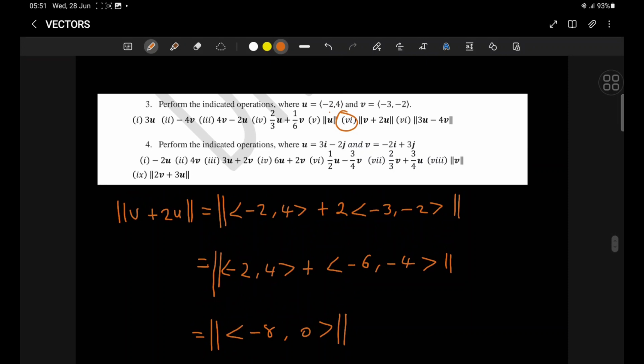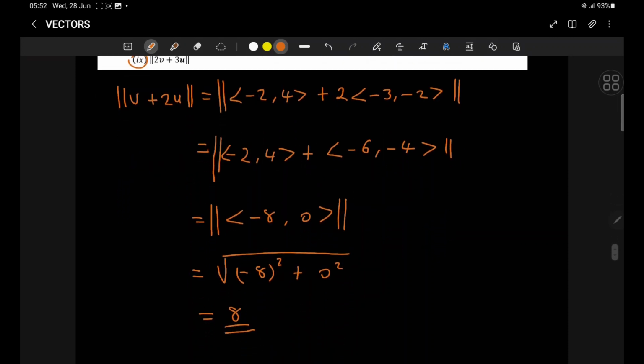Okay, then for the sake of practice, we can work out 6 here as well, and also pick maybe 9.